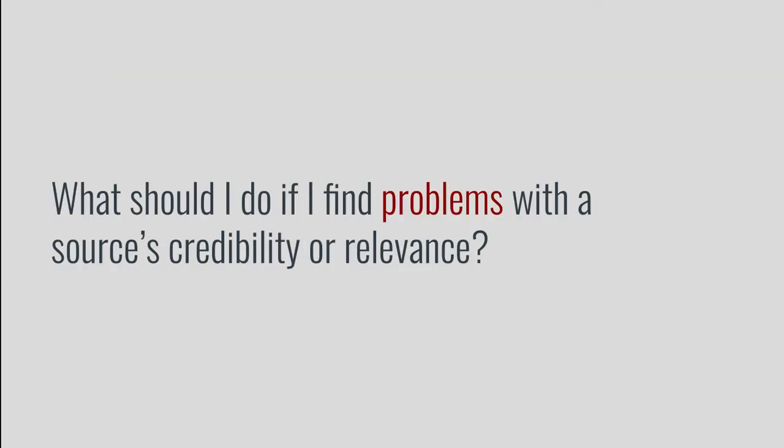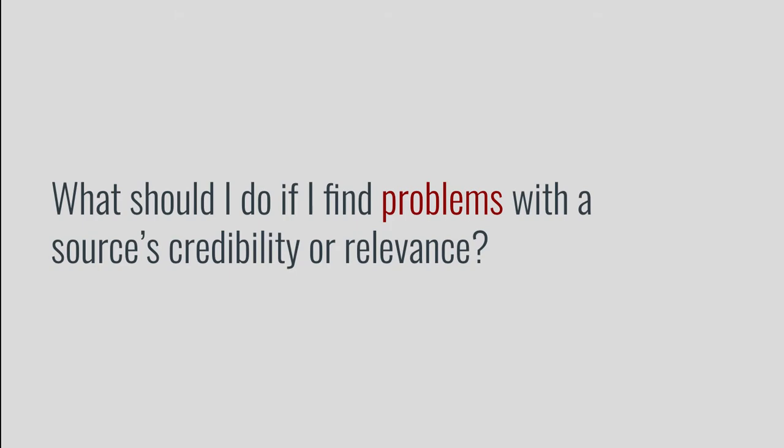So what should I do if I find problems with a source's credibility or relevance? You may still want to include that source, but you should be transparent about any issues with the source when you introduce it. It's so much better to be upfront about problems and not try to misinterpret source information than running the risk of the reader discovering a problem with the source and then questioning your credibility.